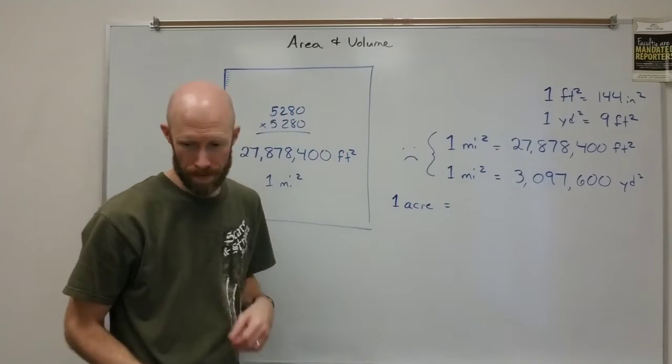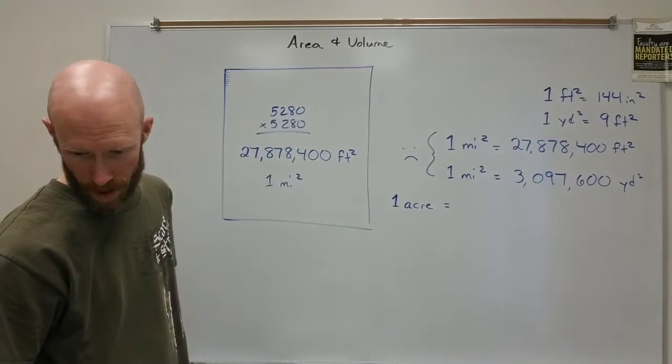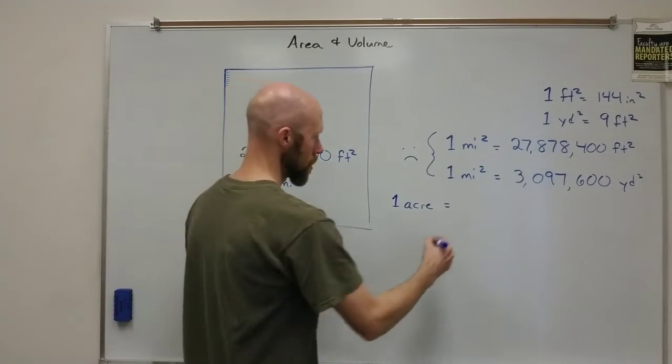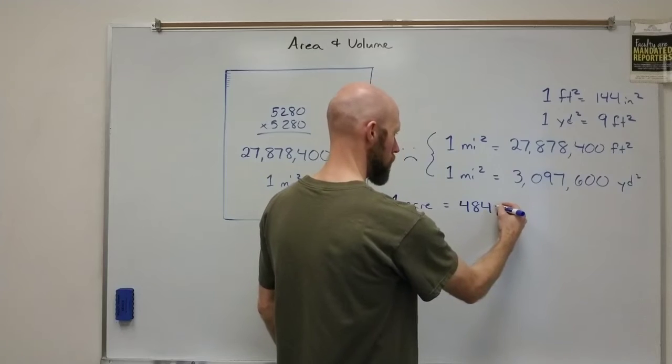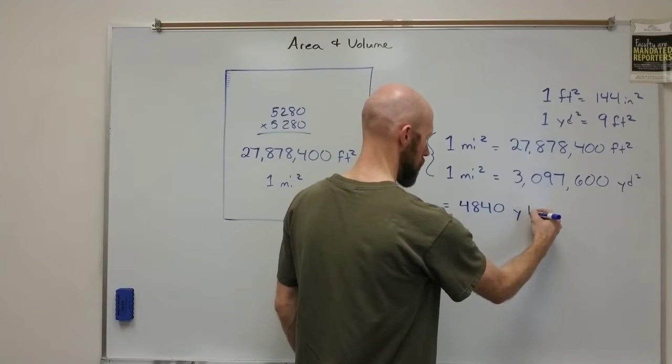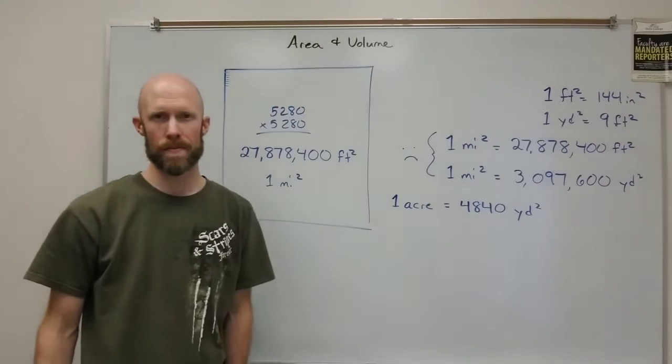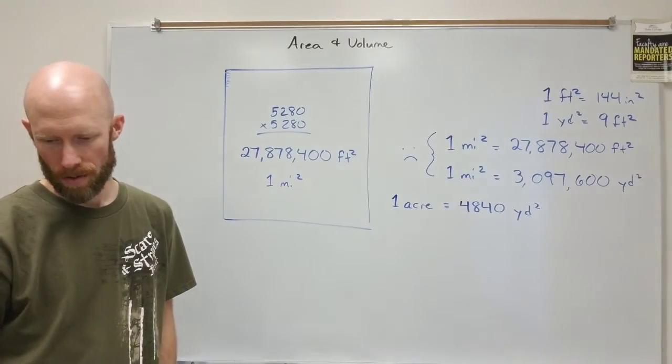And so what we have is an acre. 1 acre is equal to, and I always forget this, 4,840 square yards. Okay, 4,840.